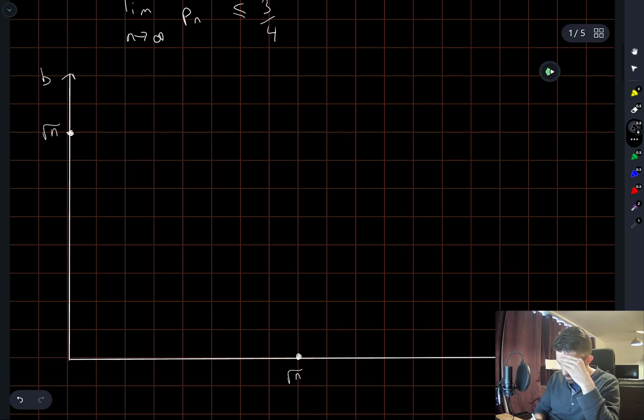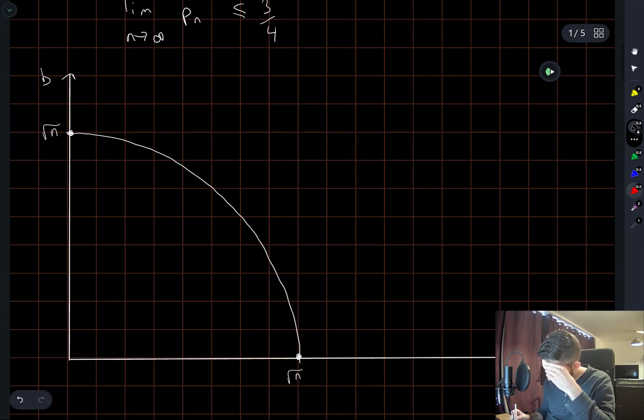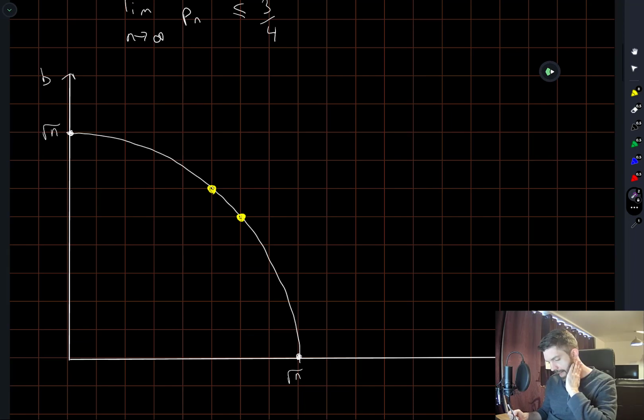And what we're looking for is whether this circle passes through any grid points. If it does, then n can be written as the sum of two squares, but I don't know if there's an easy way of doing this.